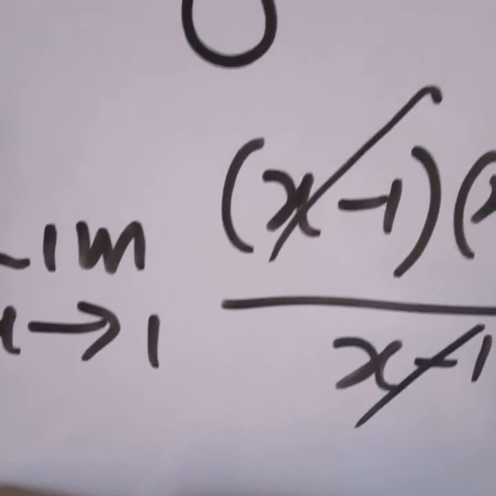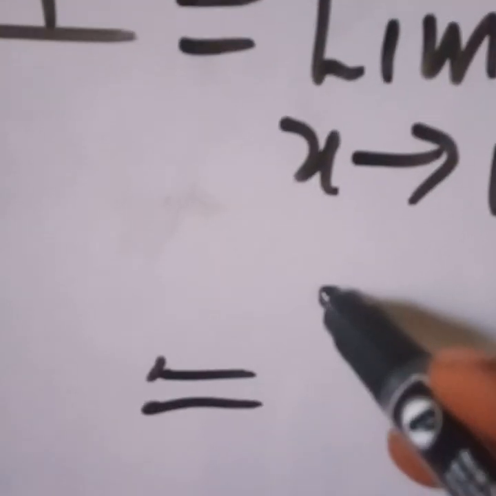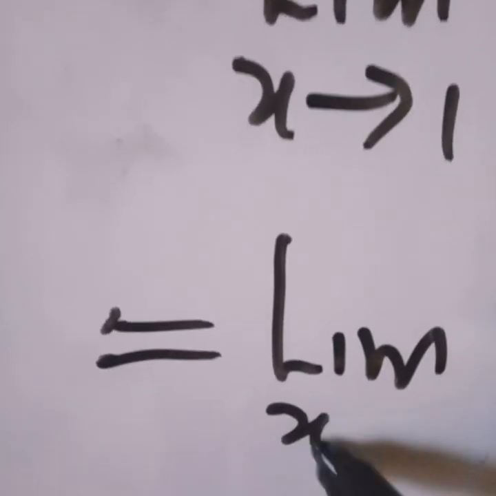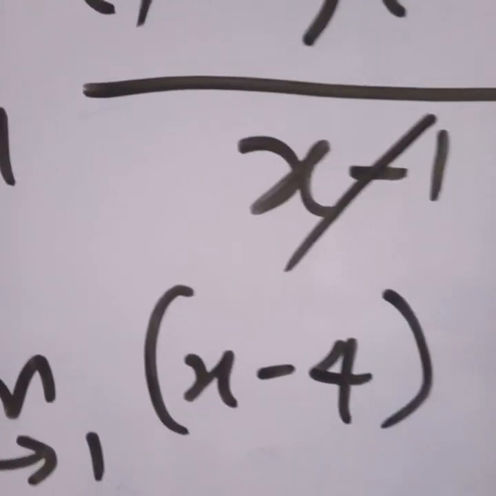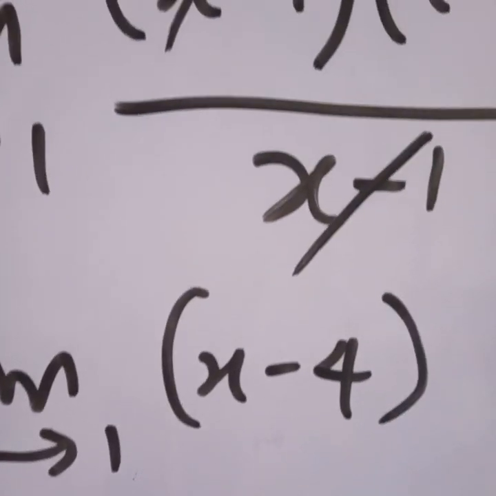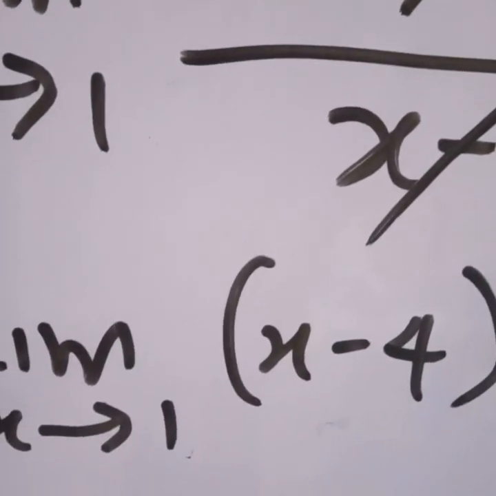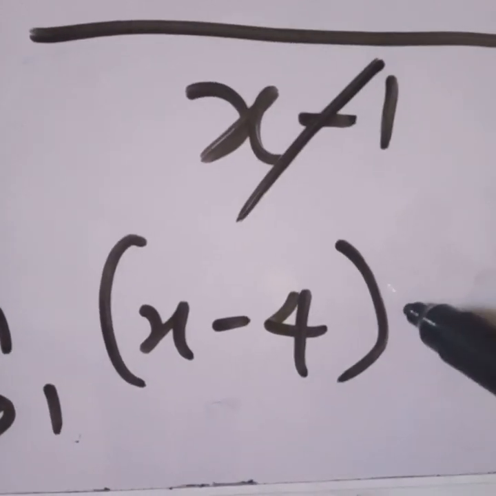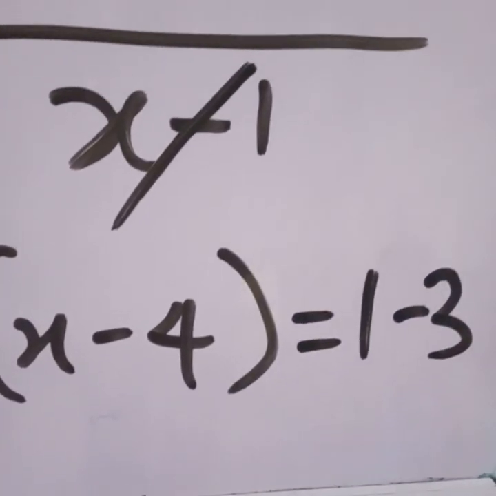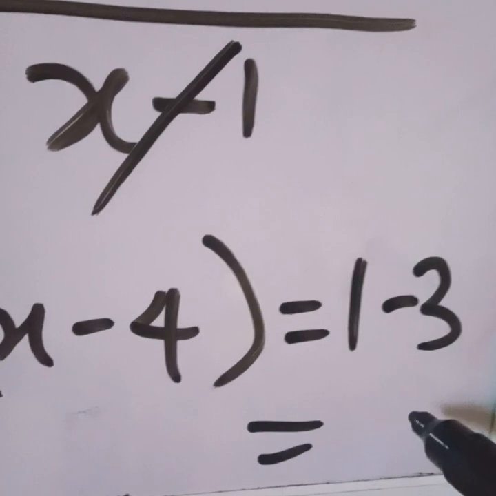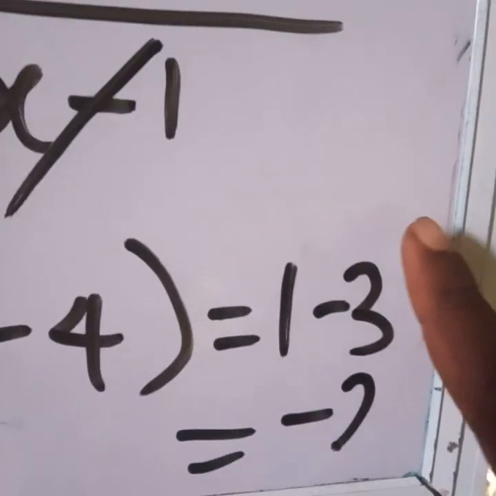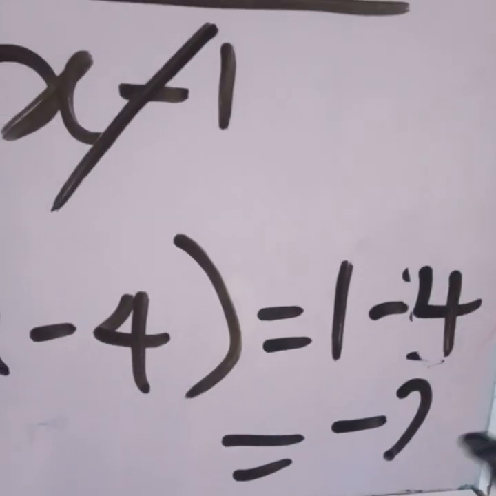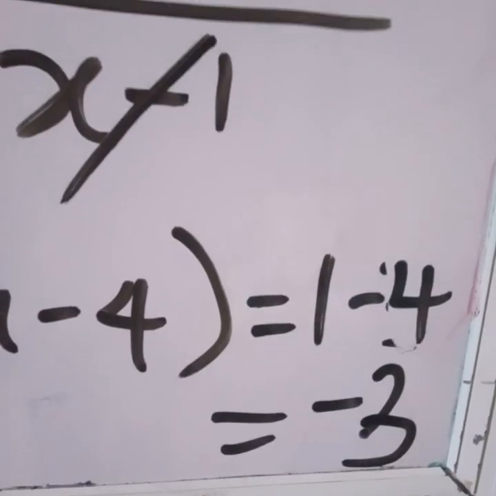So at the end, we have the limit as x tends to 1 of x minus 4. So here, when we substitute 1, we have 1 minus 4, and this gives negative 3.